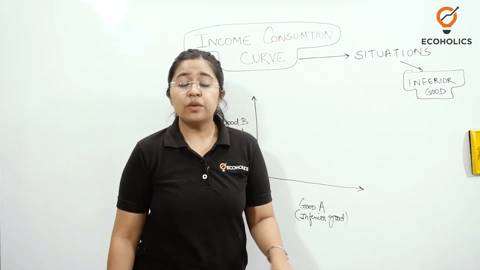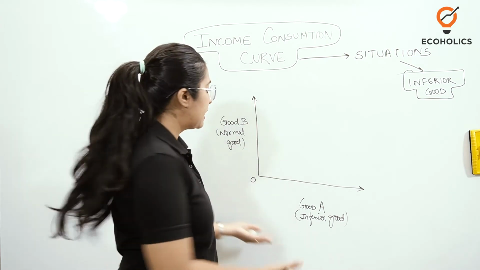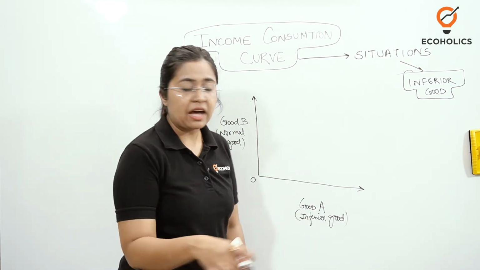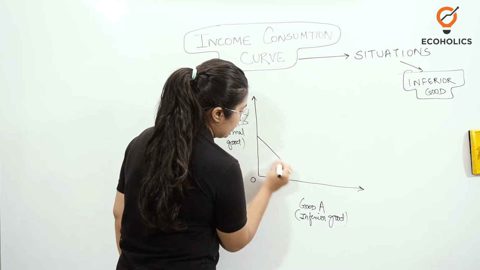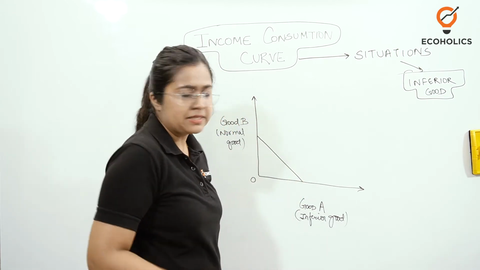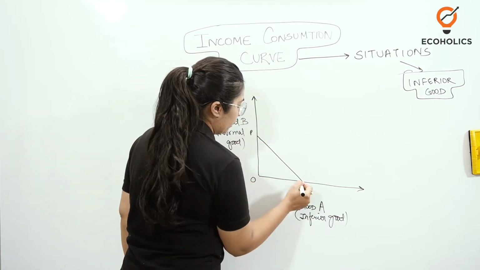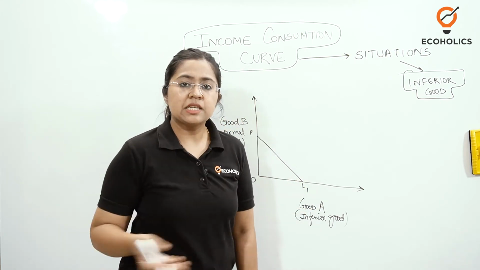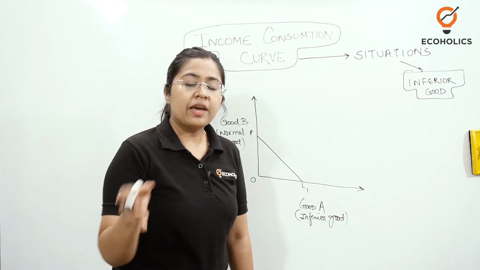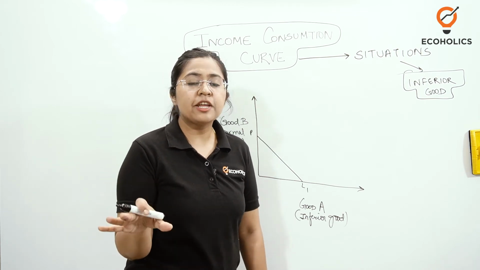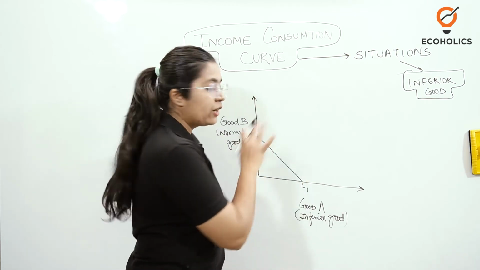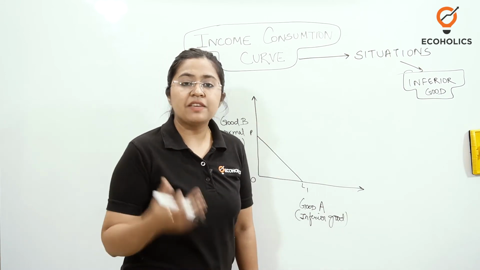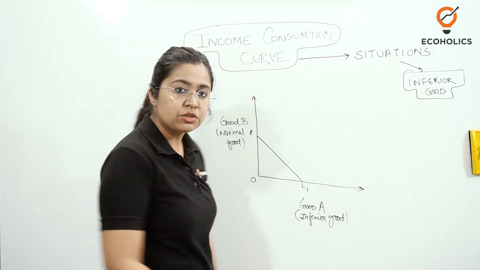Okay, now in the same manner, we are going to make our price line. So this is our budget line or our income basically. Okay, this is PL1. On that we are again going to make a certain indifference curve, right, where the combinations of both good A and good B are going to give an equal amount of satisfaction or utility to the consumer.